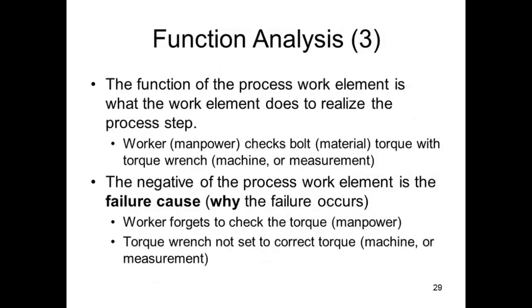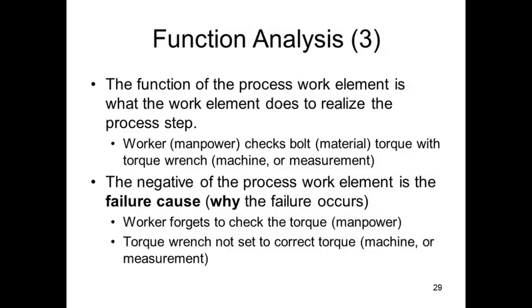The function of the work element is what the work element does to realize the process step. So in this case, the worker checks the bolt torque with the torque wrench. The negative is the failure cause, the failure mechanism. Note it says Y, which ties in with the 5Y analysis.